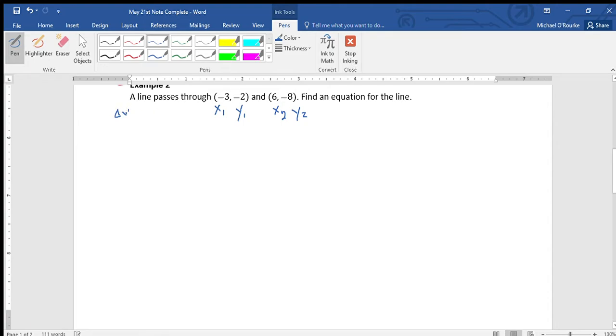We have delta y over delta x, which just means change. So we have y2 minus y1 over x2 minus x1. I'm going to give you a second to plug it in, see what you get.